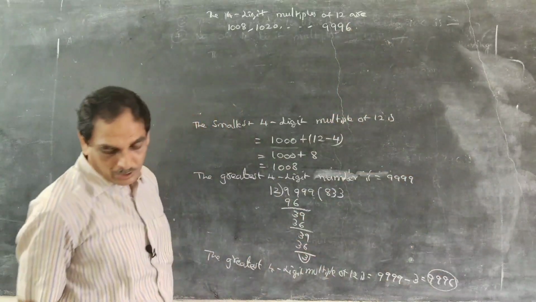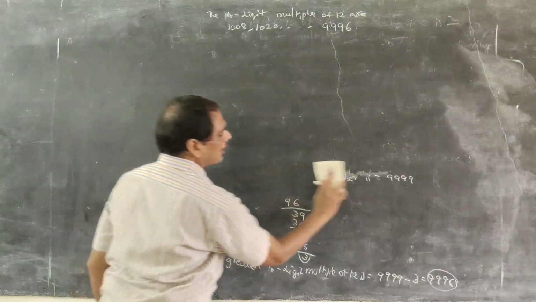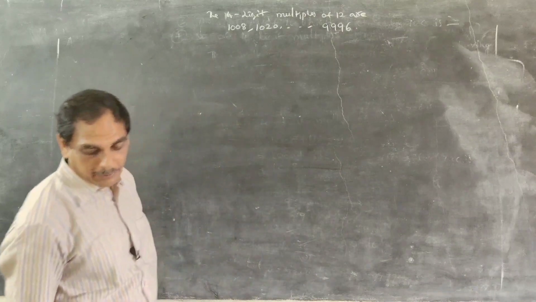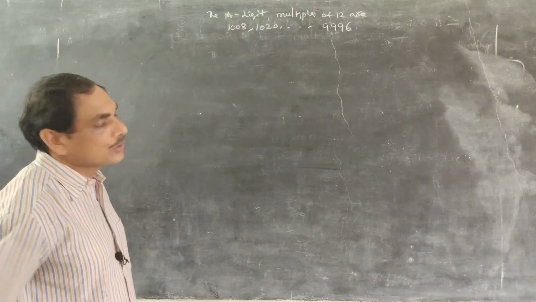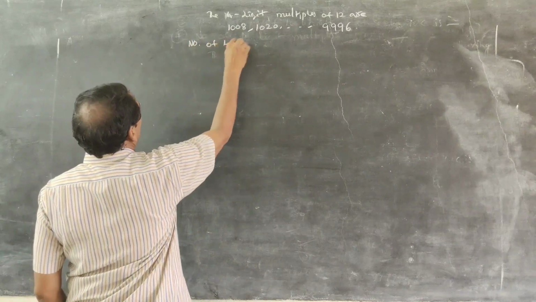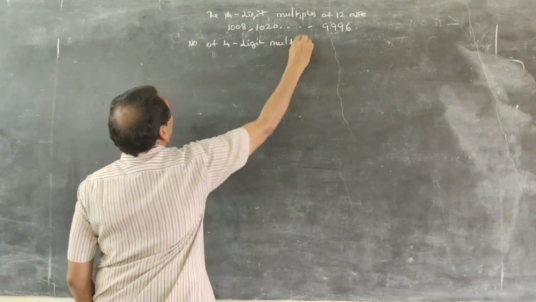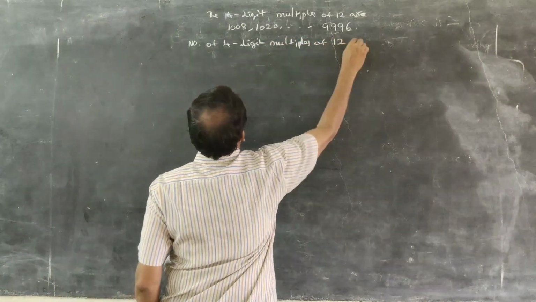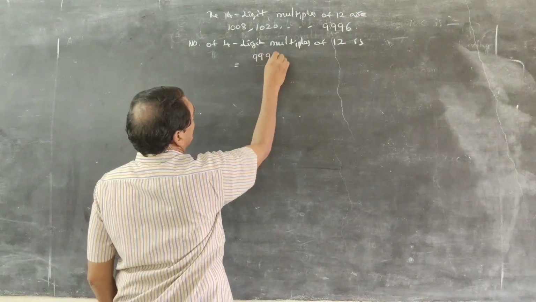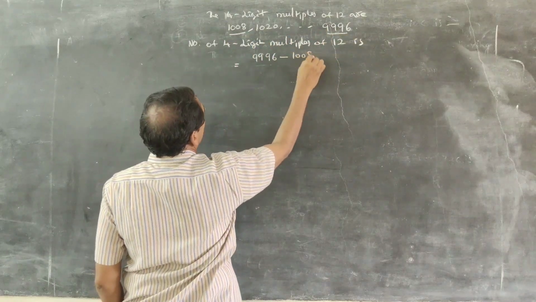Now, we already know the formula for the number of multiples of A from X to Y, where X and Y are the multiples of A. So, we use that formula. Number of 4-digit multiples of 12 is equal to (y minus x) by a plus 1, where x is 1008.